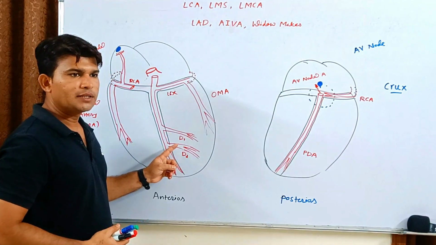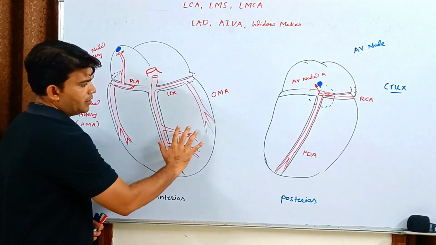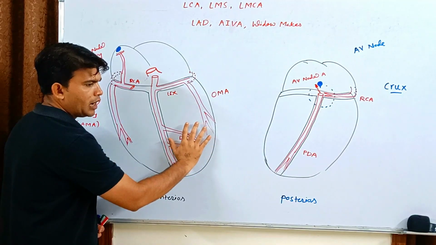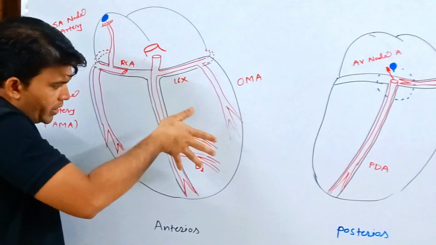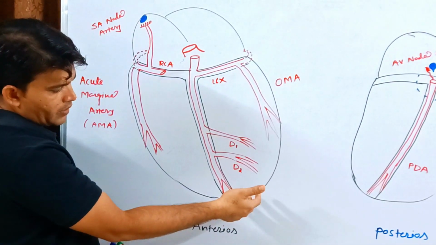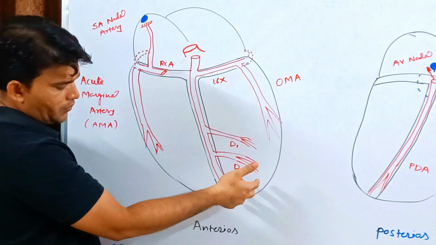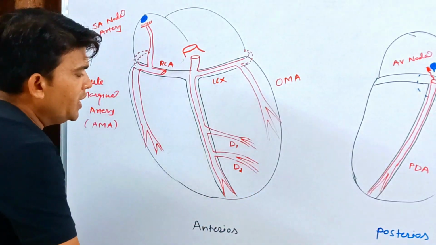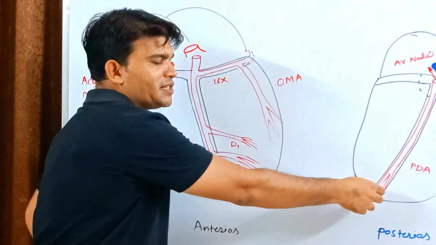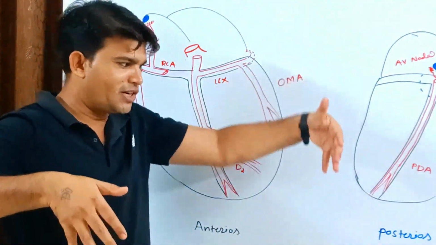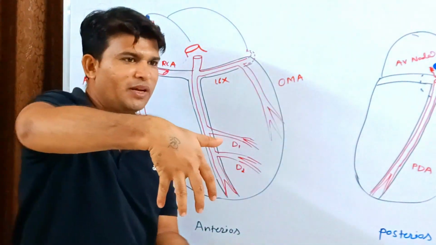The diagonal artery basically supplies the lateral apical part of the left ventricle. It also reaches the inferior wall of the heart and makes anastomosis with branches of the posterior descending artery, which comes like that.